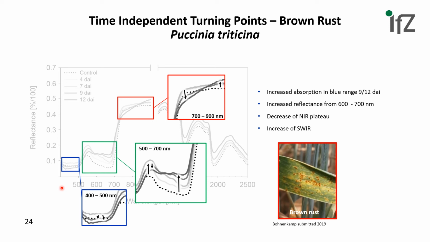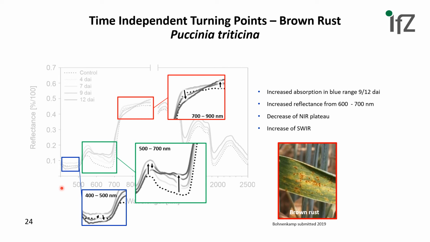And in this region, we identified so-called time-independent turning points. So this is a turning point where we can identify that we have reached a very specific step in pathogenesis, so a very specific step in symptom development. And this turning point is very characteristic when the course of the spectral reflectance pattern goes a very specific way.